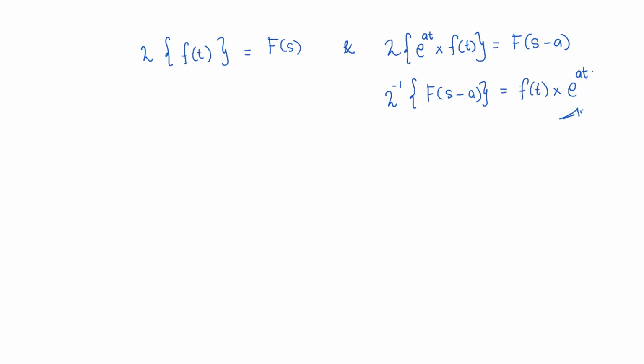Assuming you are given a function F(s) equal to (3s minus 137) over (s square plus 2s plus 401), and the question asks, what is f(t)?